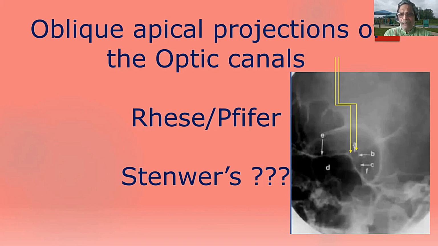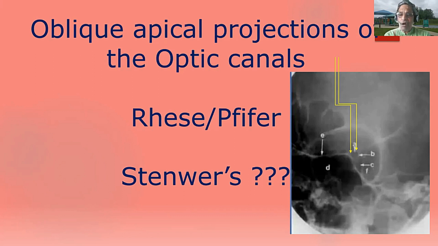They can cause a problem in the internal acoustic meatus area, which can be visualized. To see the internal acoustic meatus, we have one view called Stenvers. Just know the names: Rees view for optic foramen, never forget, and Stenvers for internal acoustic meatus.